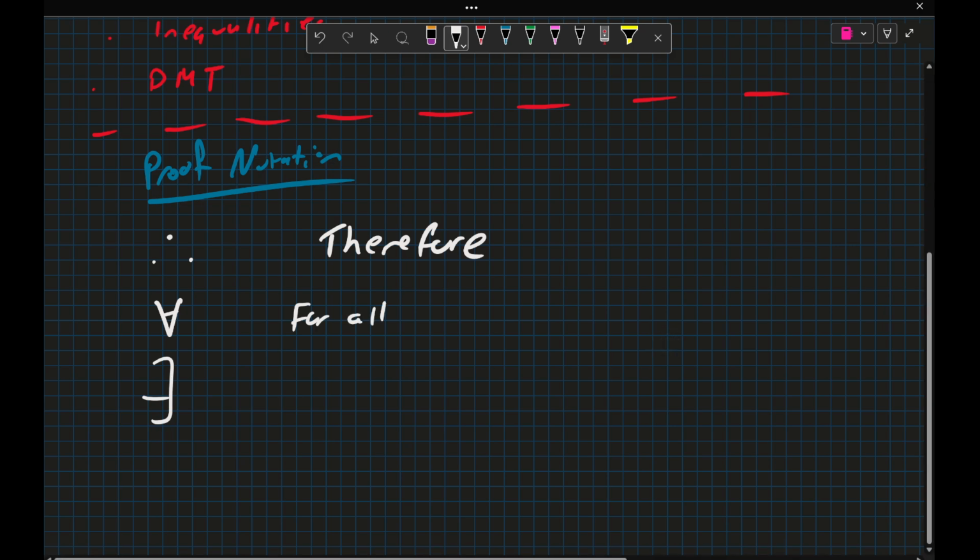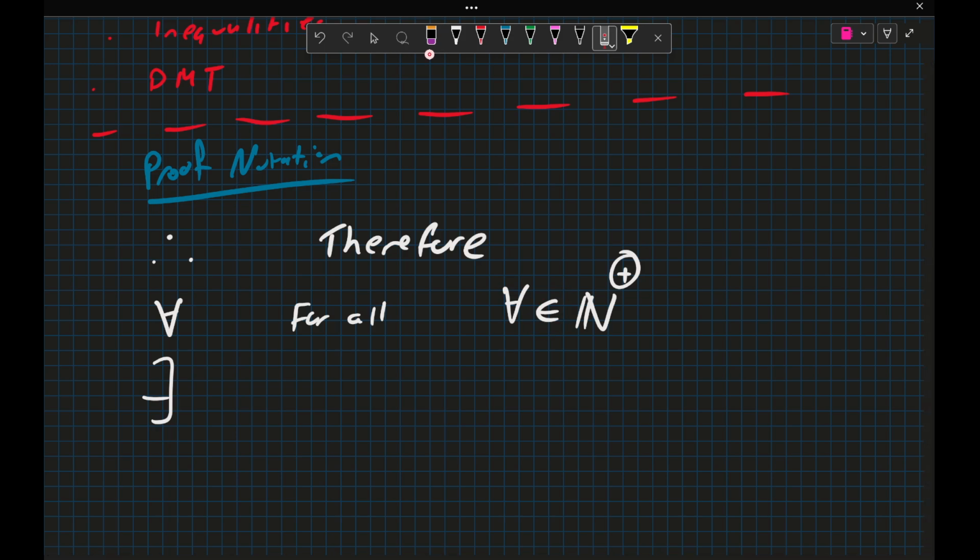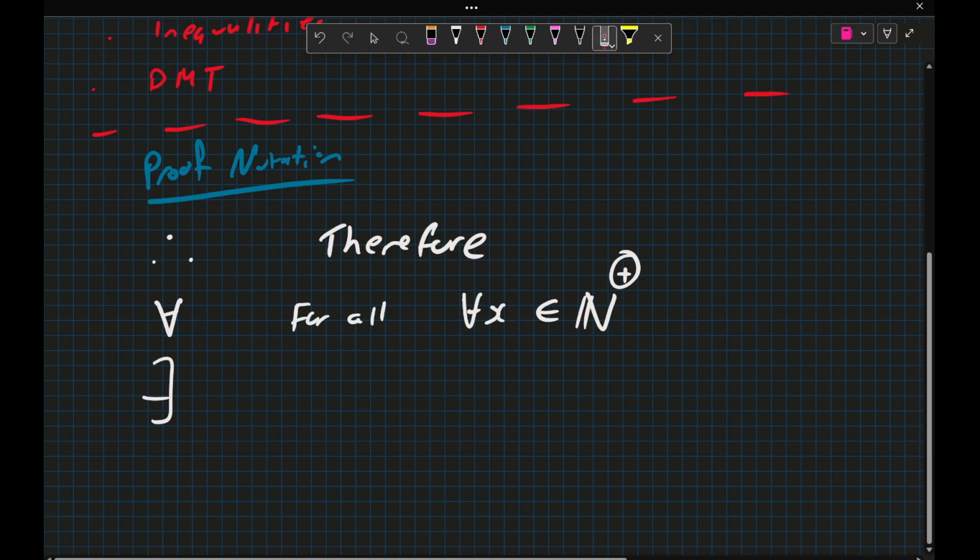So for instance, if it was written like this, this would mean, for all positive integers. This elemental sign is just kind of a link. So just for all, usually it could be like for all x. So for all numbers in the natural numbers, it is followed by this, which means there exists.